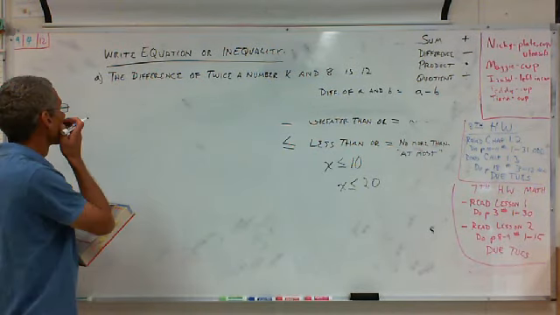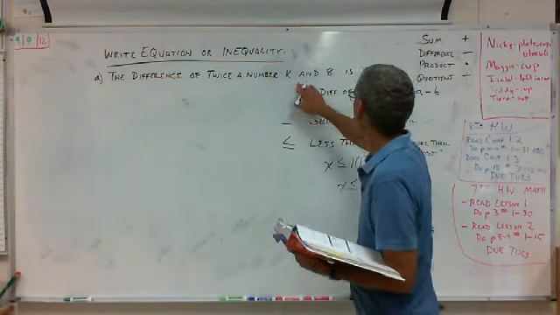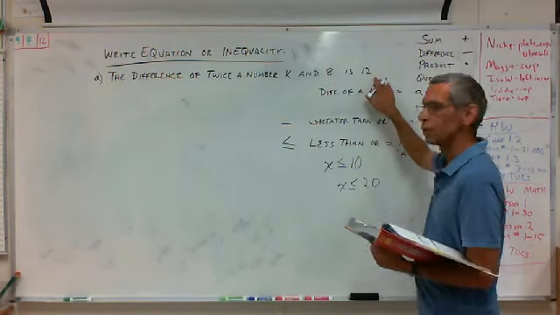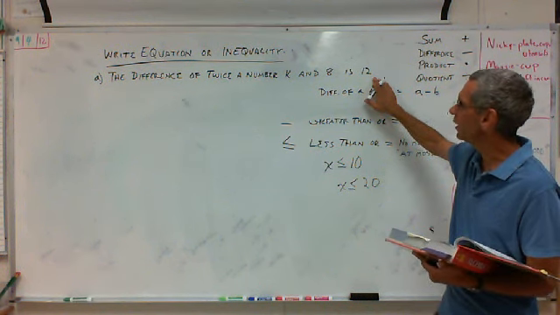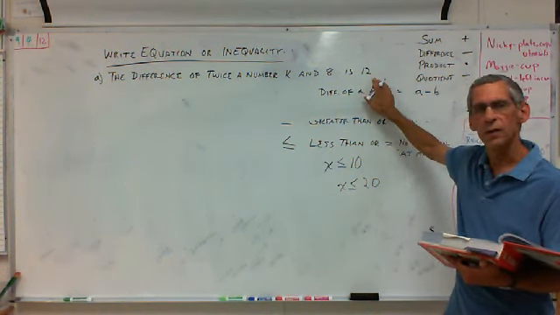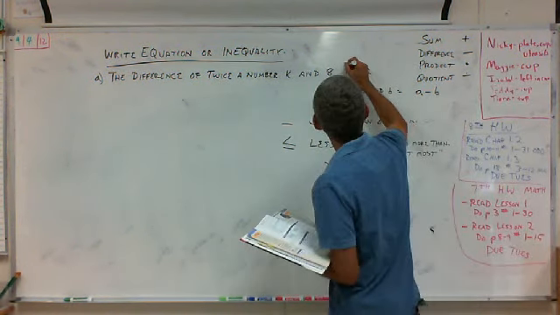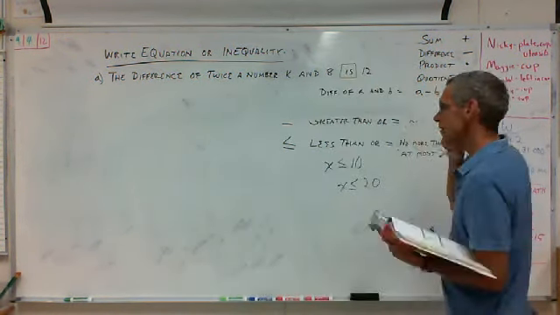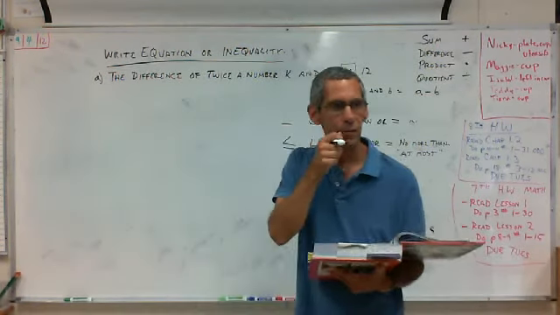So, with that in mind, it says the difference of twice the number k and 8 is 12. We want to write an equation or an inequality. Would this be an equation or an inequality? Equation. Why? Because it has the word is, which says equal. Is means equals, right?